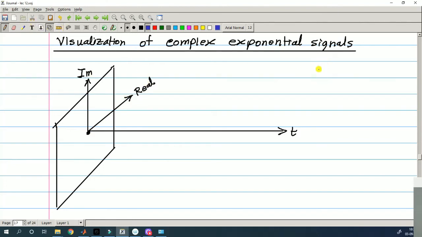Now consider a complex signal, call it z(t), equal to e to the power j omega nt with some coefficient, where this coefficient c itself can be a complex number of the form, say, r e to the power j theta.